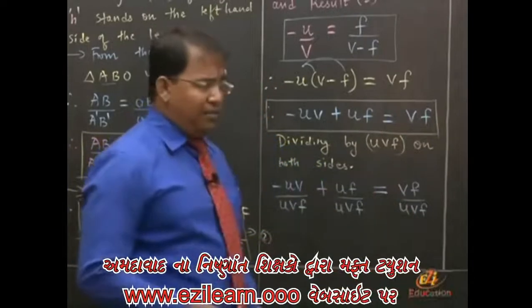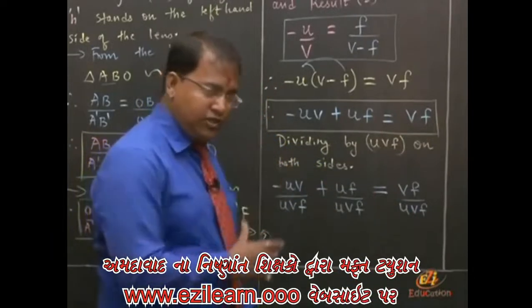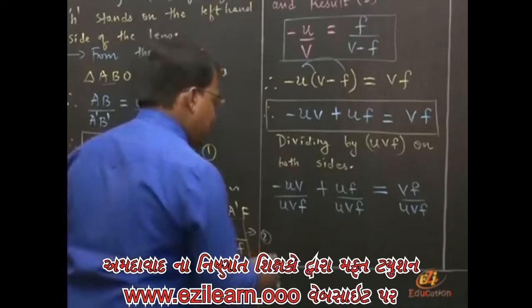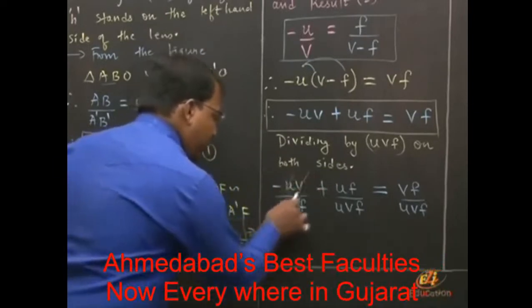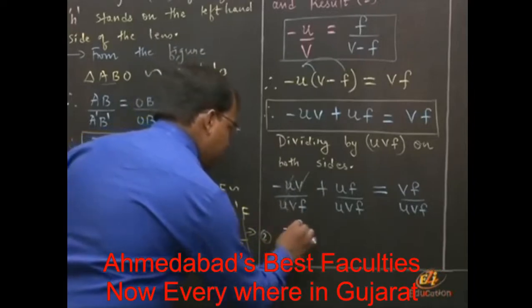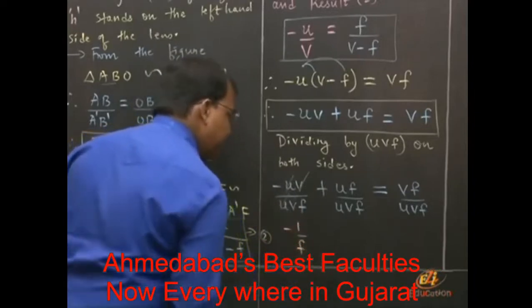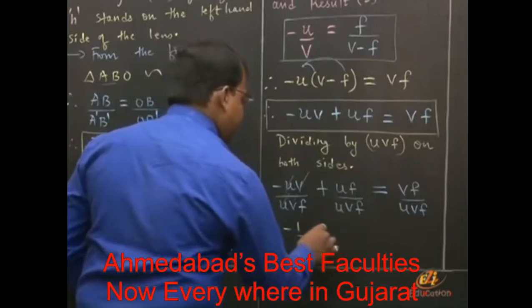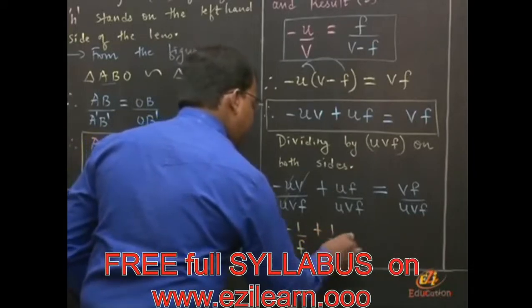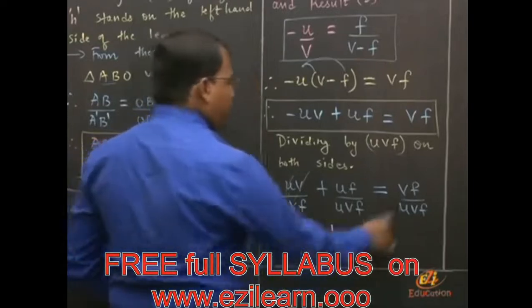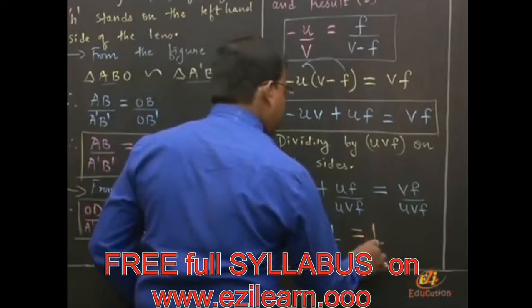Now you will come across some cancellation, so just check what will be cancelled. Here UV and UV will be cancelled, U and V, U and V. So what is left is minus 1 upon F. UF getting cancelled, you get plus 1 upon V, and VF cancelled, we get 1 upon U.